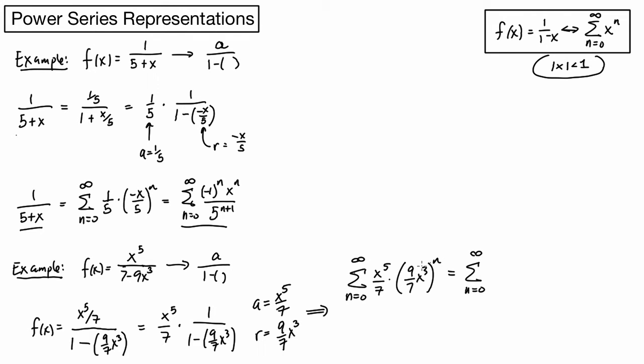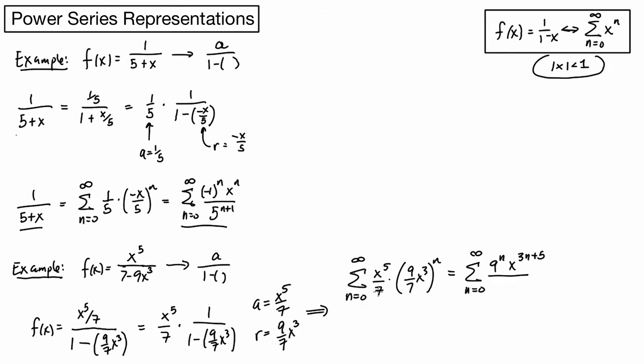So the 9 here is raised to the n power. Be very careful about that. So you have 9 to the n. You have x to the 5th and x to the 3n. So this is x to the 3n plus 5. If you add up all the exponents here, you have 3n x's here and you have 5 here, so you have 3n plus 5 total.